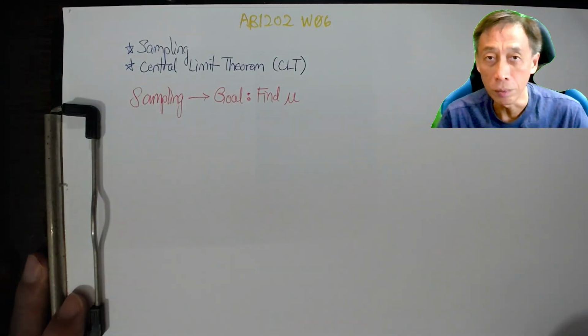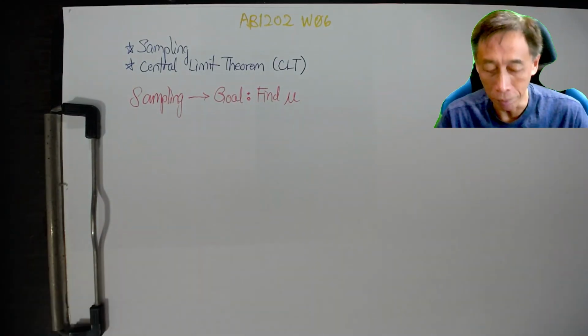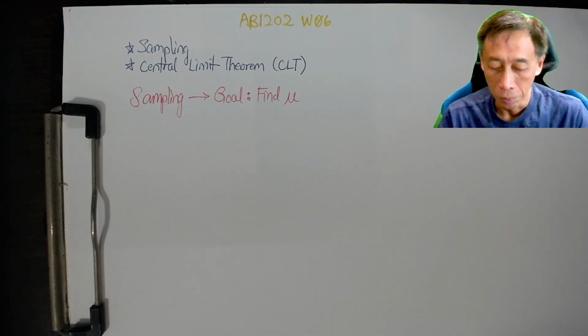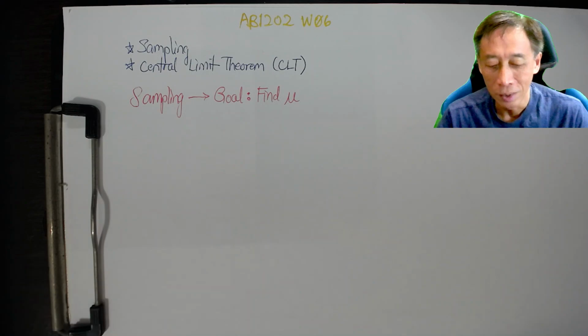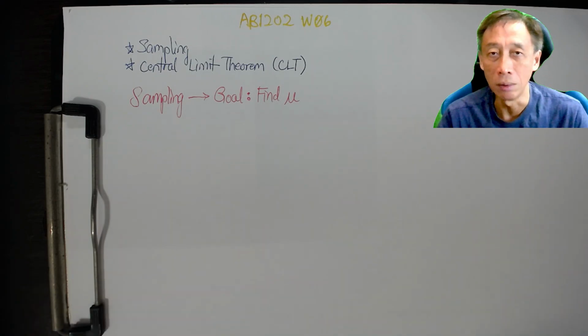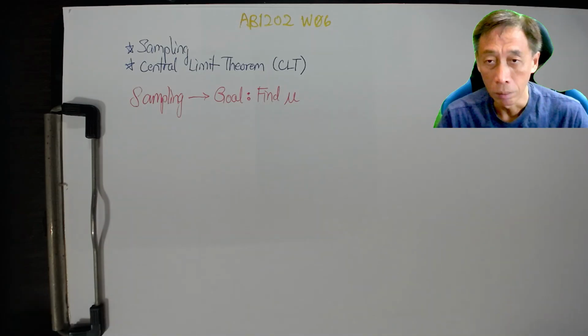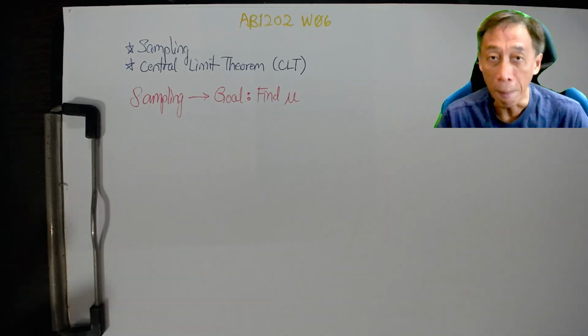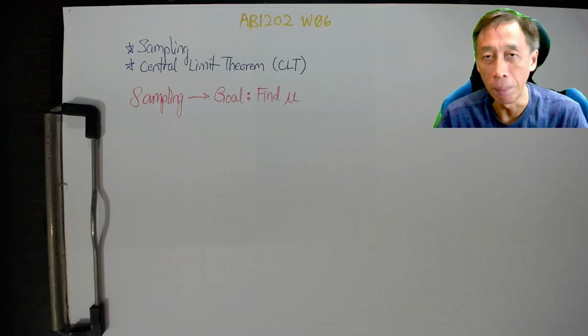Of course, with all the data that we collect during the sampling activity, we can also find or attempt to estimate other aspects, what we call parameters of the population. Parameters are simply one number summary of the many numbers or measurements in the population.